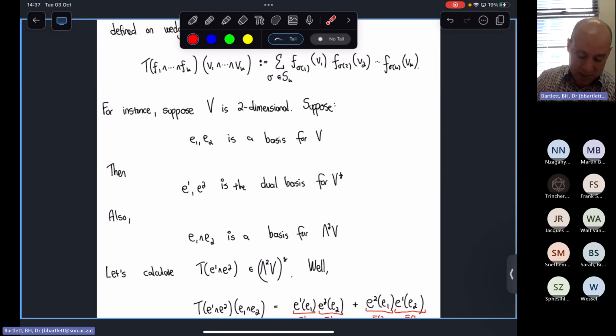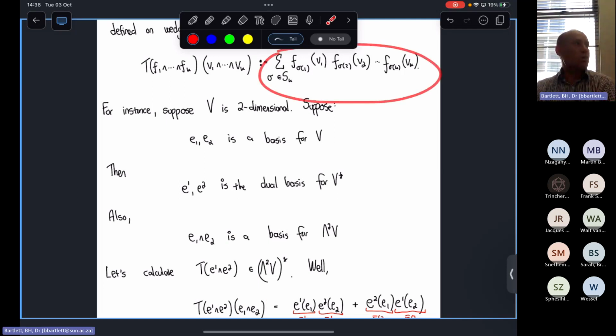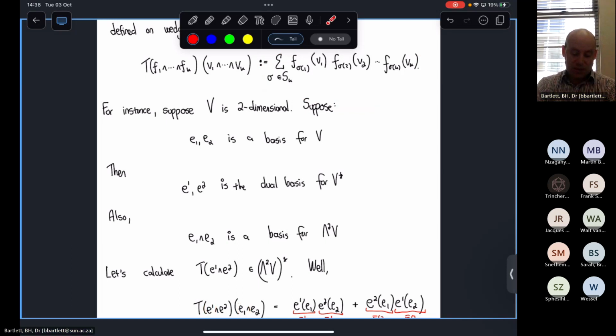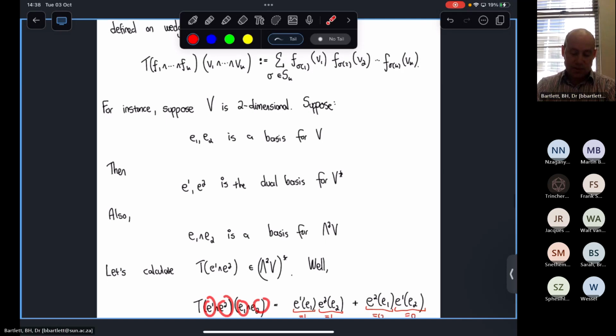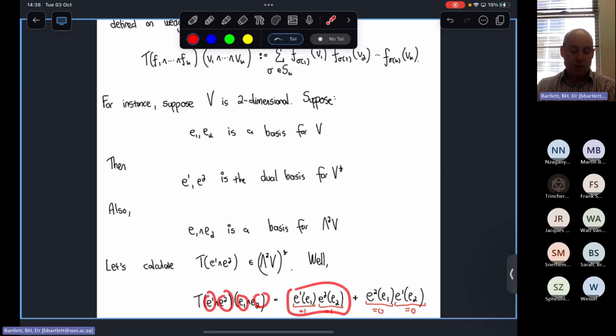How does it eat up two wedges like this? According to the definition, you've got to sum over all possible permutations of how this guy is going to eat up one of these guys. So you could either have this guy eating this one and this one eating that one. That's this term here. Or you could have this guy eating that guy and this guy eating that guy. That's this term here.